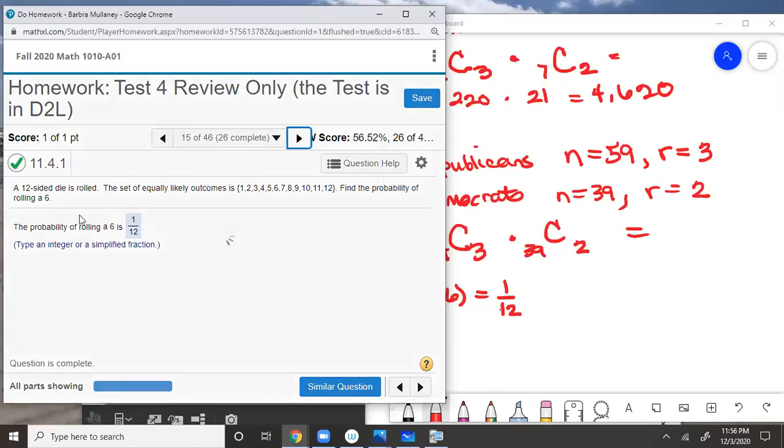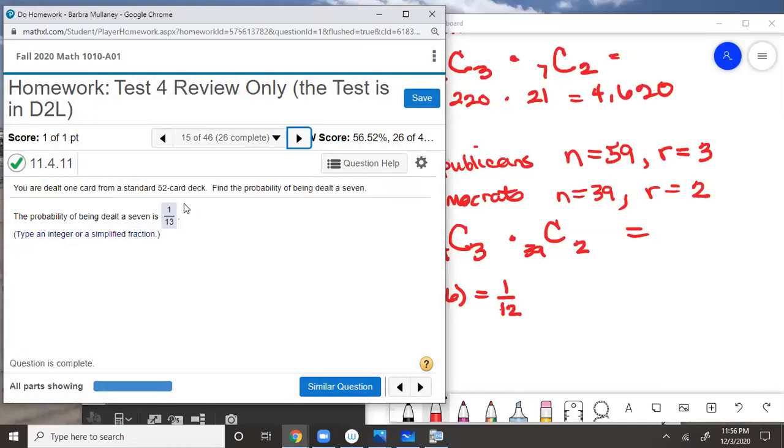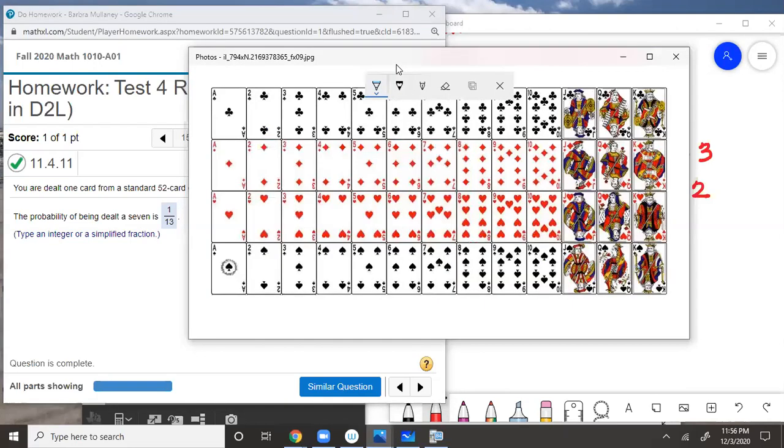Number 15, you're dealt a card from a standard 52 card deck. Find the probability of being dealt a 7. So just to get familiar with the deck of cards, we have 4 suits: clubs, diamonds, hearts, and spades.